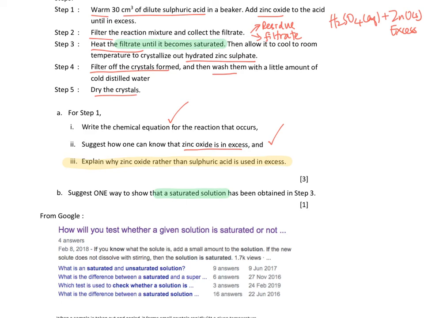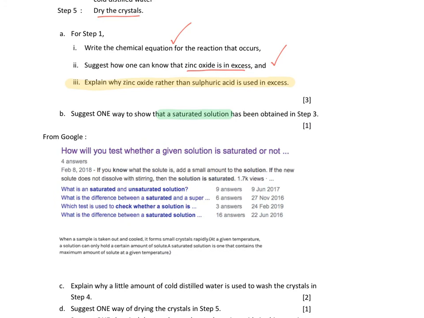Now I have found some information from Google that if you want to get a saturated solution, you add small amounts of solute to the solution and see if the new solute does not dissolve. Now, is it just copying what you got from Google to answer part B?